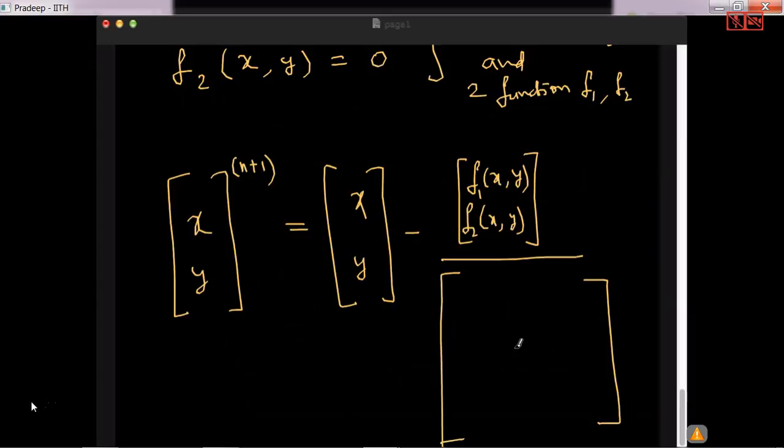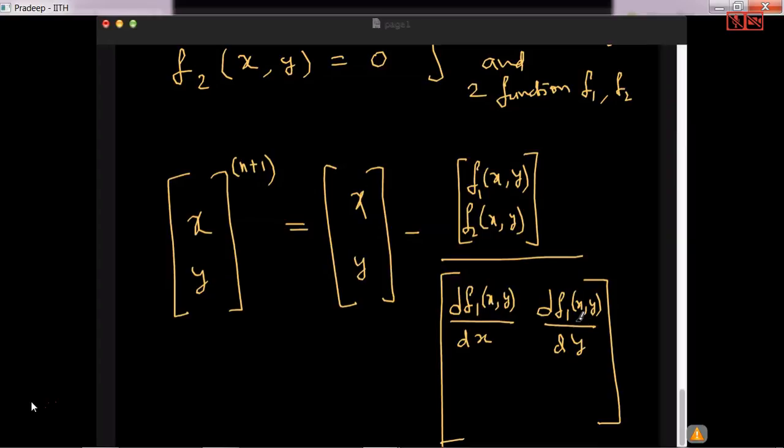Now, because we have to differentiate, for differentiating, we have two functions and two variables. So 2 into 2, 4 combinations are possible. That is differentiation of function f1 with respect to x. Similarly, differentiation of function f1 again with respect to y. So here you will take x as a variable, y as a constant and differentiate this function.